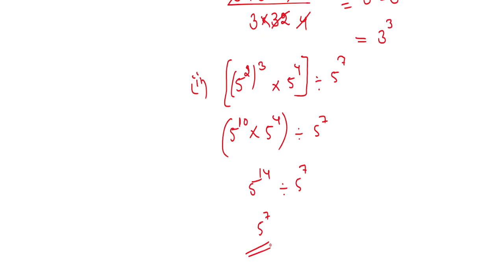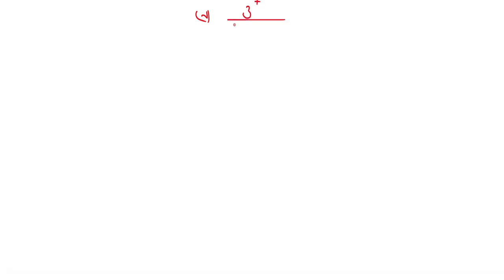Now I move to the 5th and 6th part. The 5th part is 3 raised to the power 7, divided by 3 raised to the power 4, multiplied by 3 raised to the power 3.